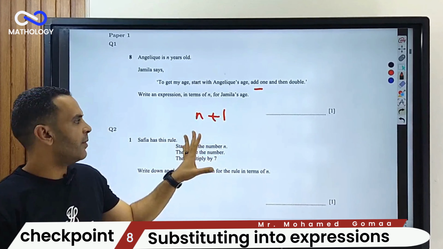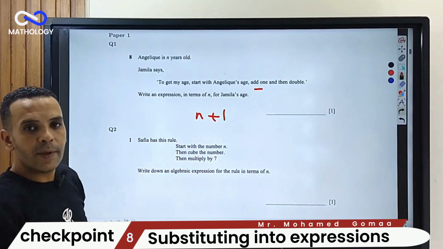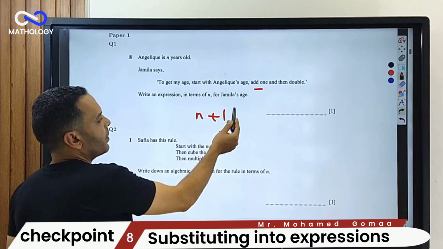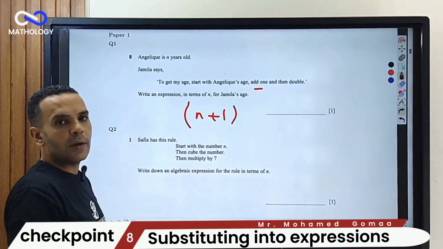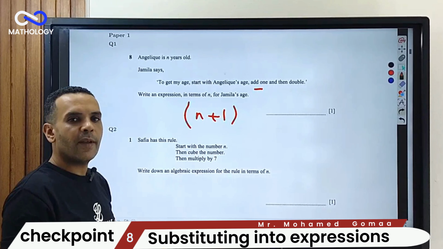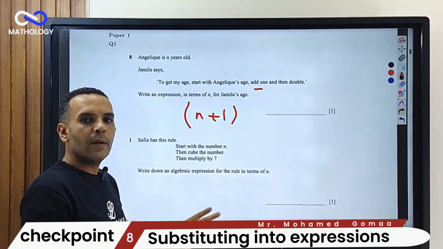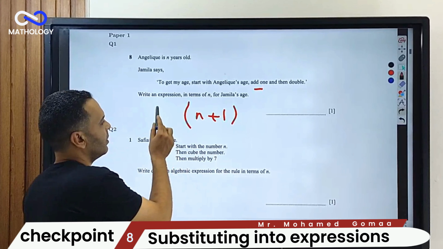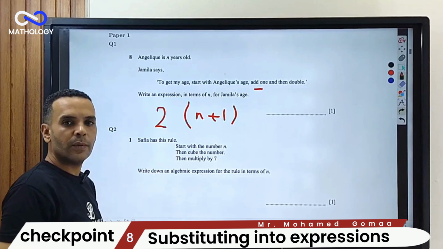Don't add them. Then double this expression. Double n plus 1. Don't double n without doubling 1. Double the whole expression.